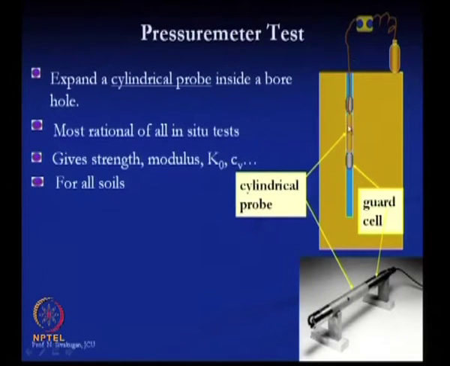Inside a borehole you have to insert this instrument. These two are the guard cells, and the middle one is the cylindrical probe or the measuring cell.